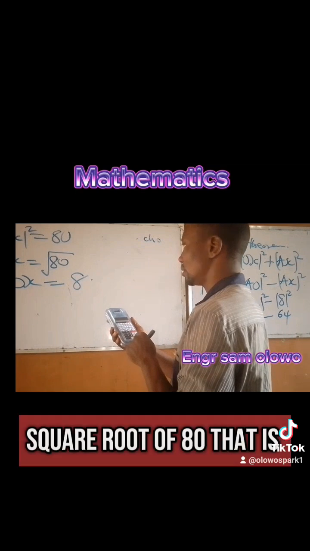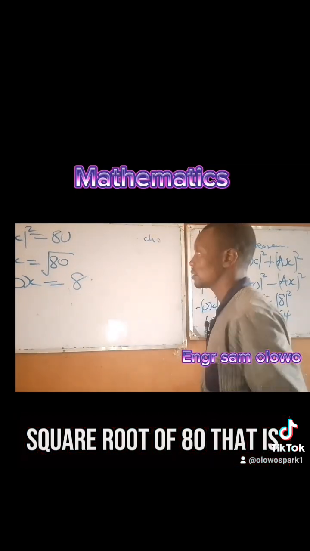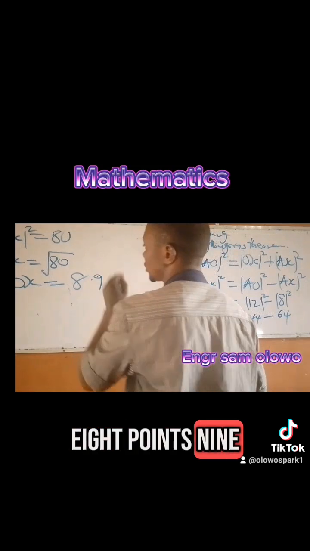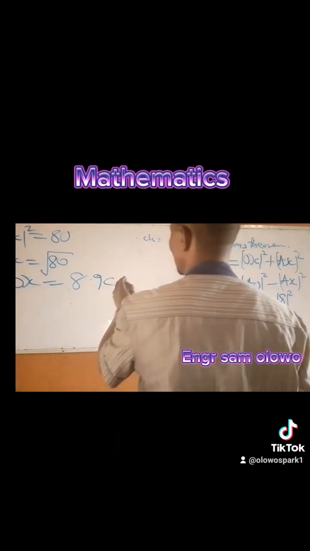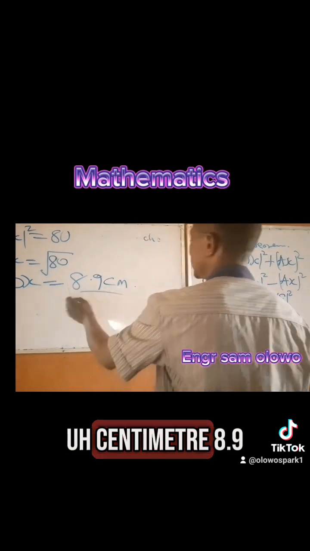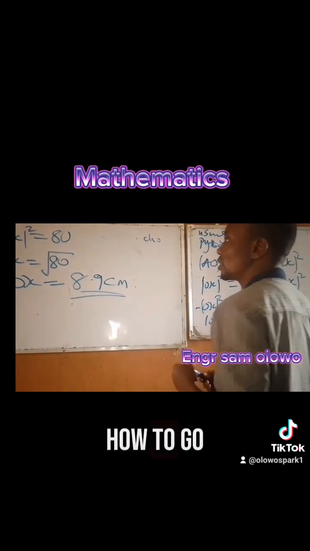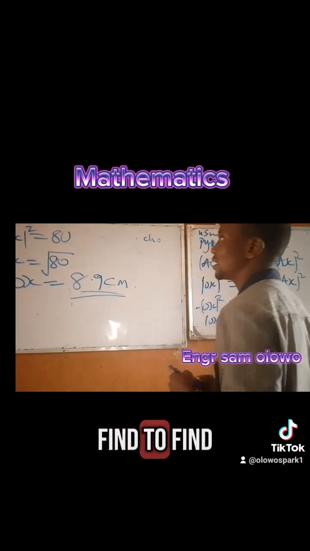The square root of 80, 8.9 is the correct one, 8.9 centimeter. So this is how to go about the question where you are to find the distance of a chord in this type of question.